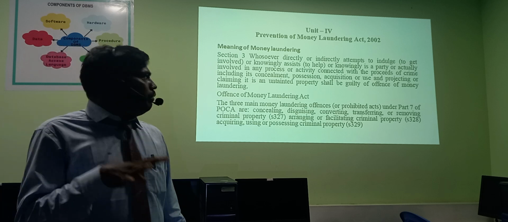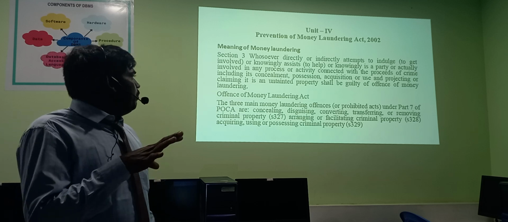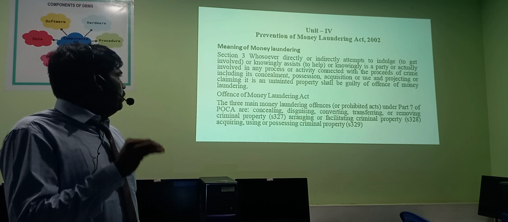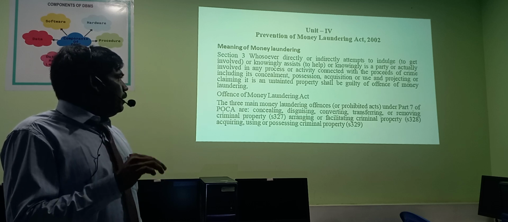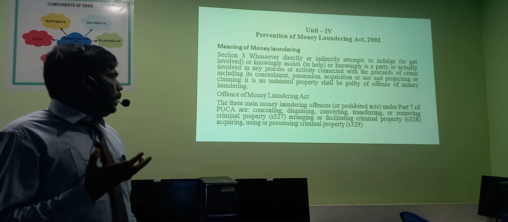The main offences: there are three main money laundering offences under Part 7 of the Act, concerning concealing, converting, transferring or removing criminal property.